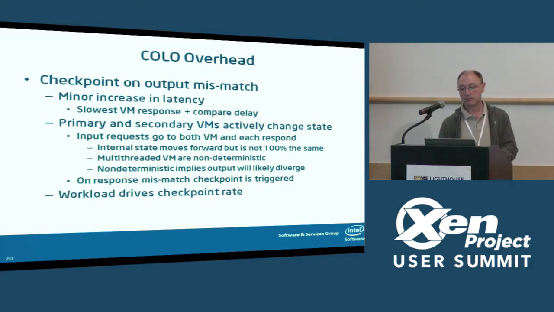We take that time plus the amount of time it takes to do the comparison, and that forms the latency for the request. But every request goes through that comparison, and then it's sent to the client. So we don't have to buffer it beyond that. And then there's the checkpointing overhead that goes on.